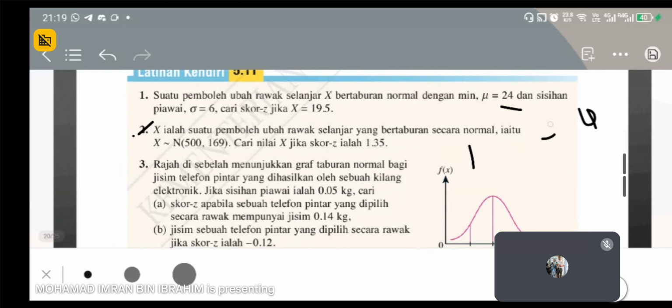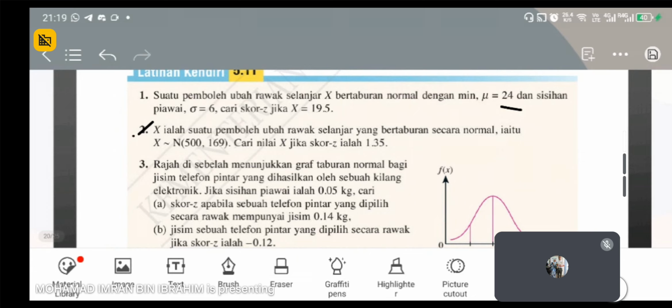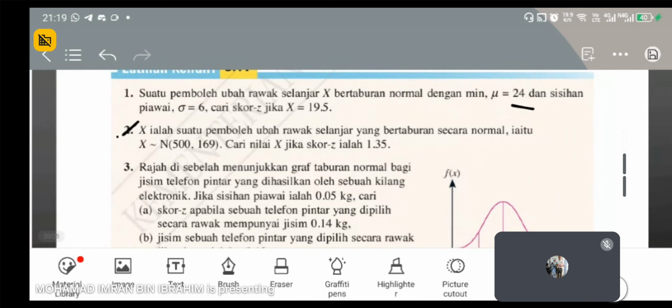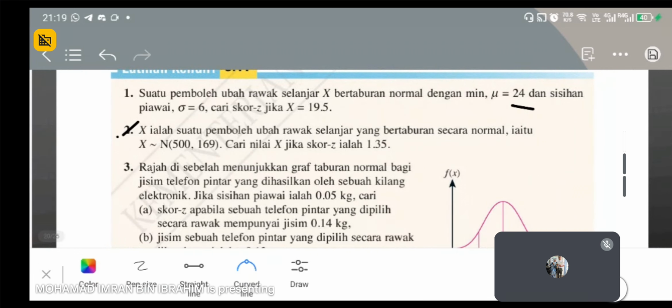So for this one, you can do the same thing as before. But from here you have to know that your mean is 500 and you get the formula.